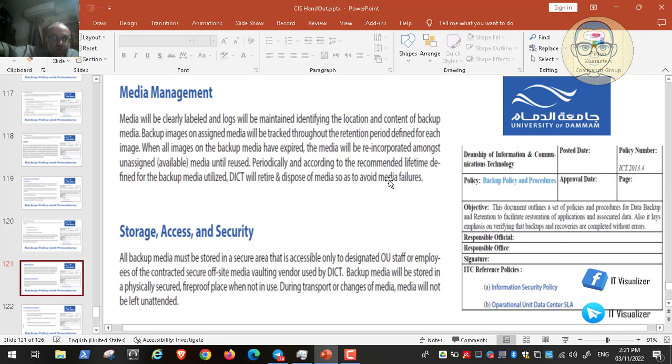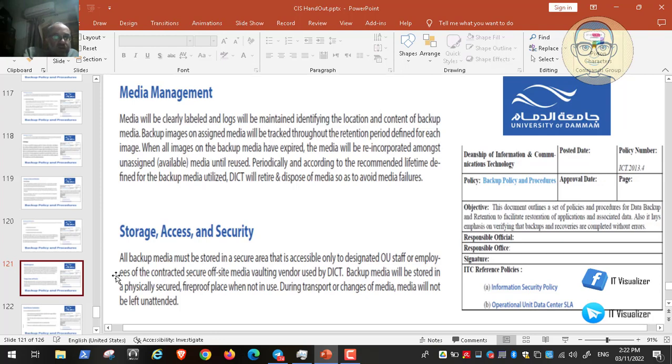From this we can know that the media is no longer working properly and we should replace it. Maybe the tape drive is not working perfectly, so we can remove it and get a new tape drive. So this is for media management. Here he is concentrating on labeling the media, how to destroy it, and how we can reuse it. This is something very simple.